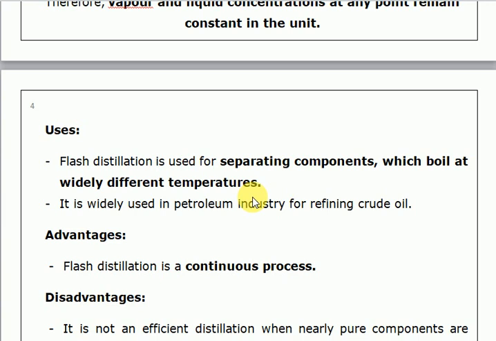What is the meaning of condensing faster? It means that from vapor it will convert into liquid much faster. So the B component will remain as vapor in the separating chamber for a longer period of time and it will be removed from the top.